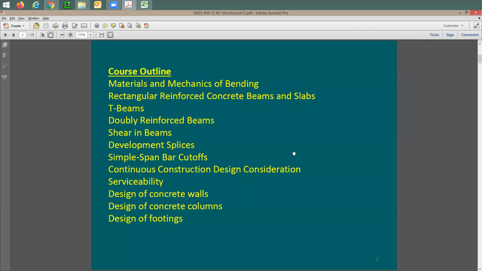I'd like to go here with you through the course outline. Concrete as a material, we're going to be using it for our design. So what's going to happen? We need to study a little bit about the material itself. Concrete is composed of a few components here.